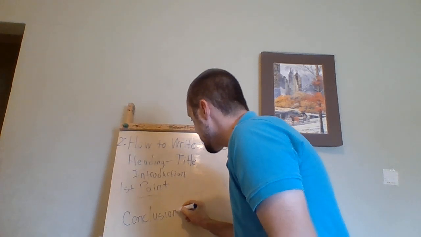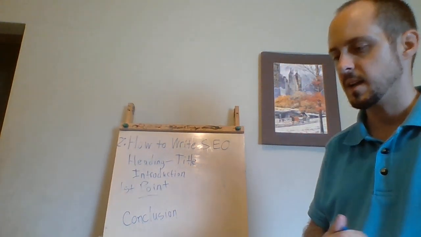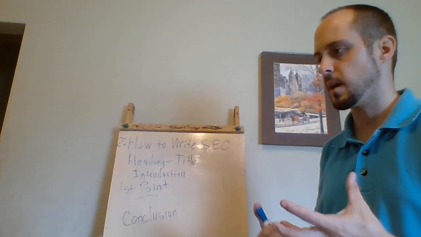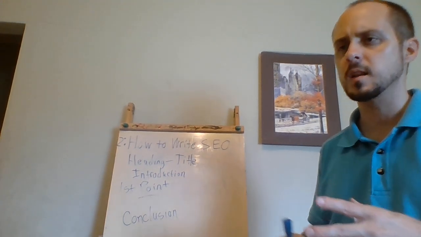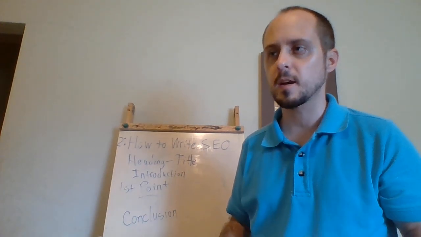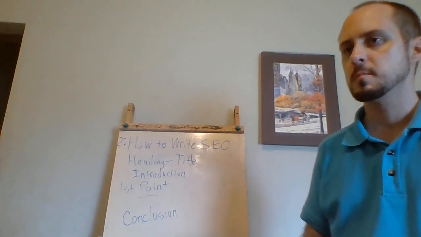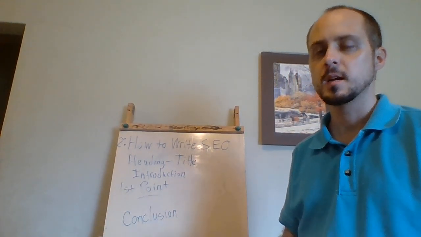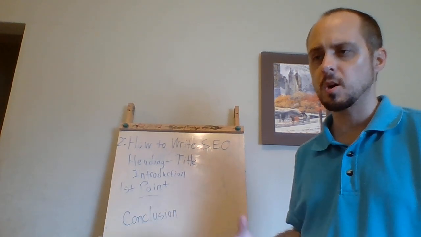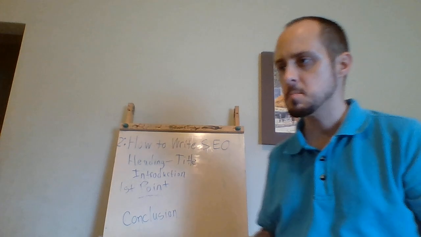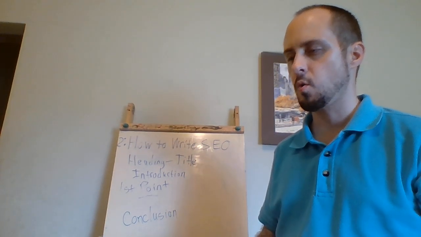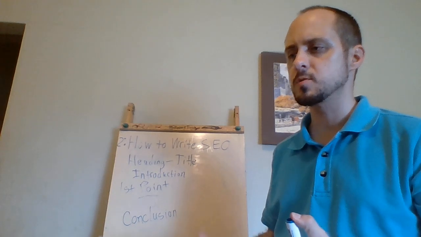Conclusion is simply to sum up what you've said, just kind of maybe talk about your points a little bit, kind of say something along the lines of, I hope you enjoyed this, I hope you found it informational, please check out the rest of our site, let us know if you have any questions or comments, that sort of thing. It can be a call to action, it doesn't have to be, but it should be a simple summary of what you've written, or just something to close it out with, all right?